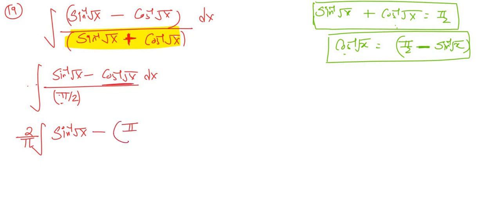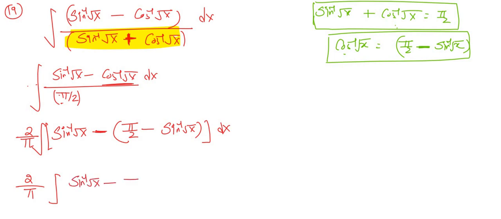Can I write pi by 2 minus sine inverse of root x? Can I write this? Perfect. So what we will get now? If I open this, this will be sine inverse of root x minus pi by 2 plus, this minus will become plus sine inverse root x dx.